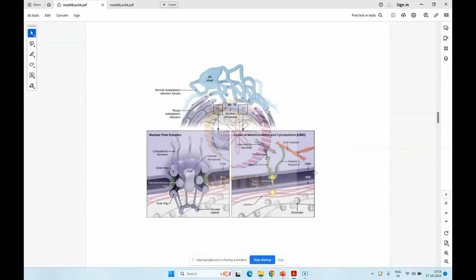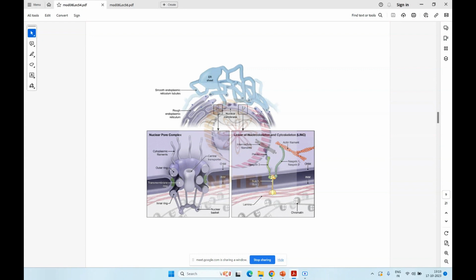So basically, the nuclear pore complex forms a donut kind of shape at the nuclear envelope, and there is a transporter inside, which is usually used to transfer RNA that is synthesized inside the nucleus to the outside of the nucleus towards the cytoplasm, so that it can be received by the ribosomes, and then proteins can be synthesized from that.